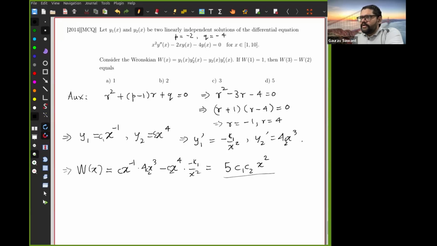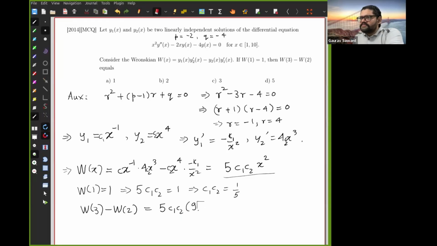So we have W1 equal to 1. Okay. So that 5 C1 C2 equal to 1. C1 C2 equal to 1 over 5. Then if I do W3 minus W2, that is going to be equal to 5 C1 C2 times 9 minus 5 C1 C2 times 4.